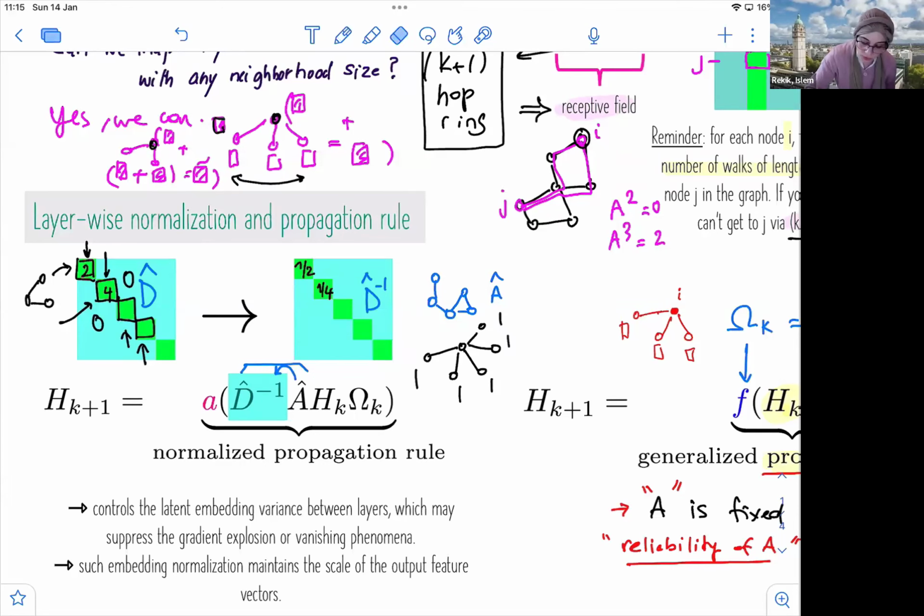So this will be skewed or biased towards the nodes that have many, many neighbors, oppositely to a node that has only one neighbor. So this node has one neighbor. So in this case, the aggregation of information will be biased towards the node with the highest number of neighbors.